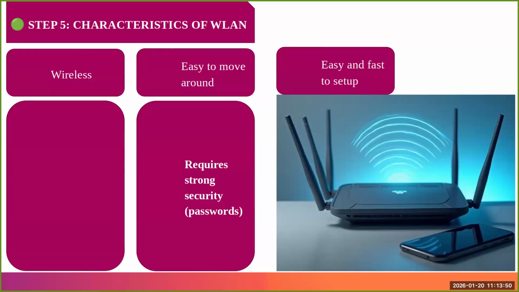But if it is wireless, even someone behind the wall, somebody behind your fence, can come and tap from your wireless. So that's why strong security is required in wireless. So that's the characteristics of wireless if we compare it with our cable network.